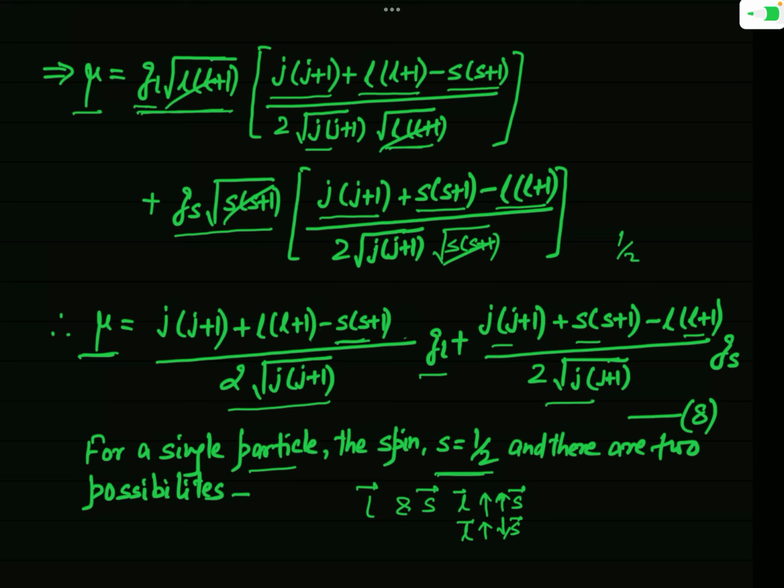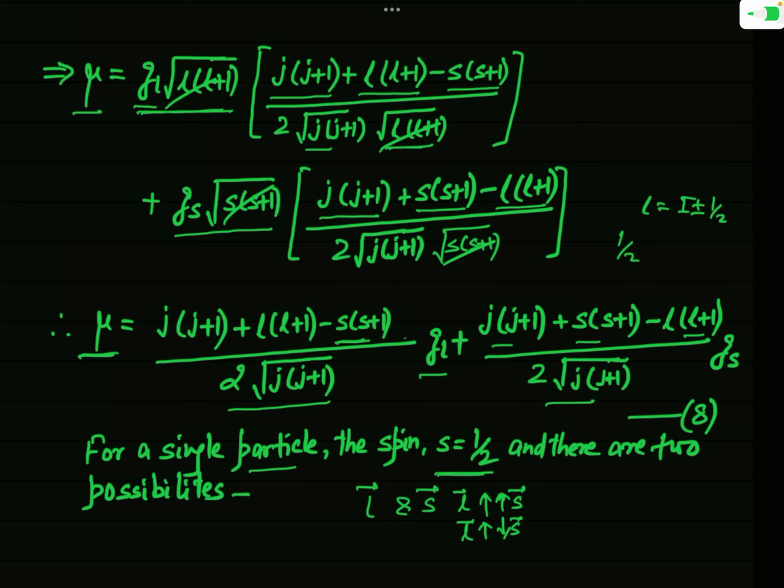And if you want to express this L in terms of J or I, then you will write L equal to I plus or minus 1/2. Plus sign will be in case of the jackknife case and minus in case of the stretch case.